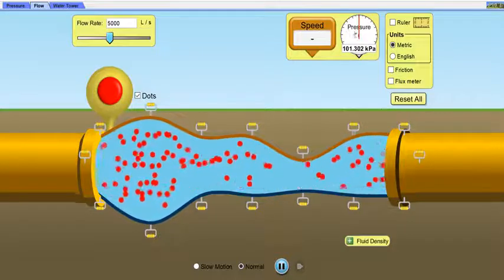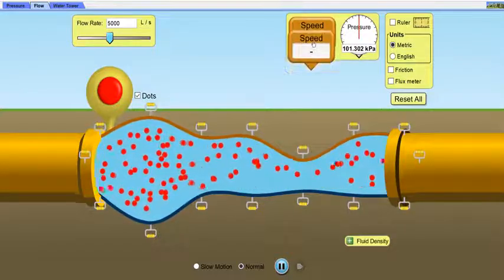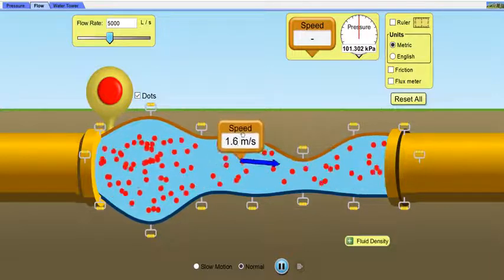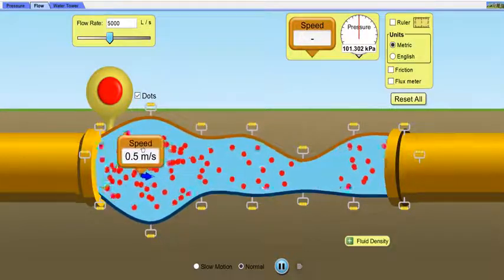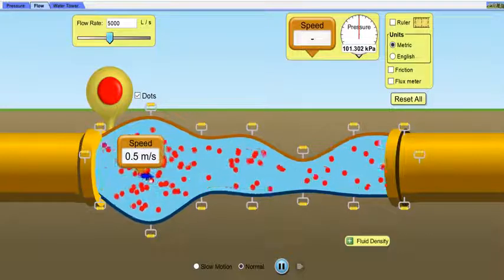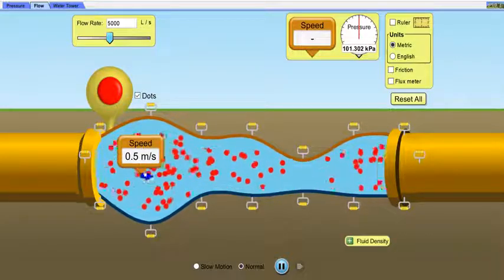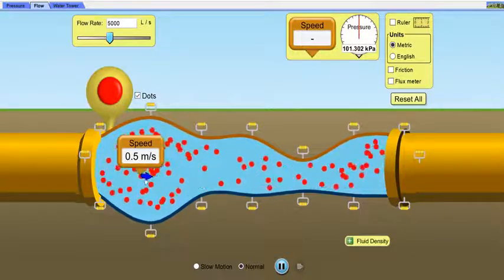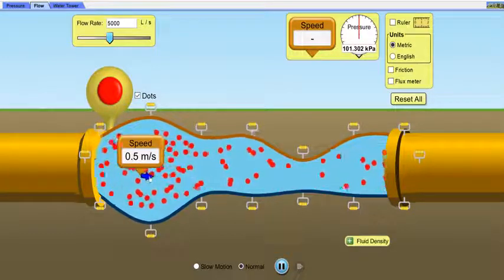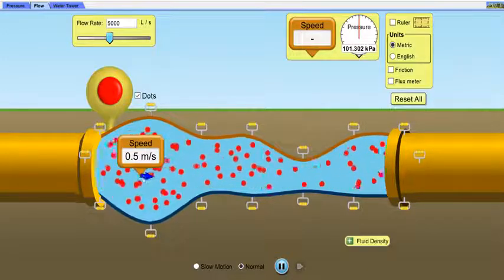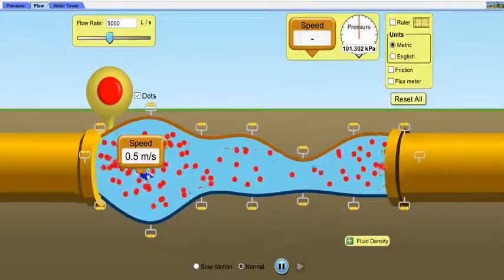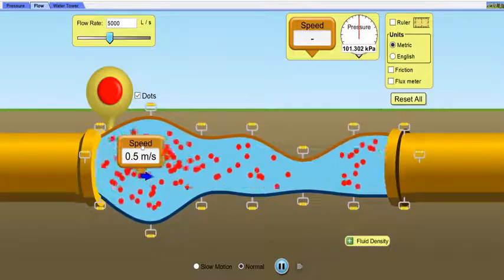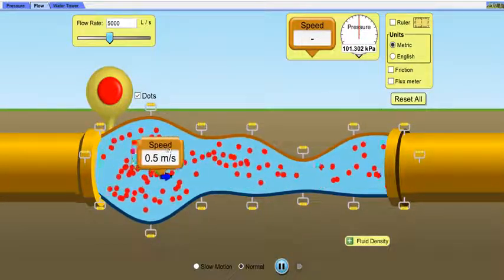We can also observe it with the help of this speedometer. You can measure the speed and the direction. This arrow is a vector. It is showing the direction. The direction of the arrow shows the direction of the fluid and fluid particles, and the magnitude is shown by its length. So it's 0.5 meter per second at the place where the area is large.